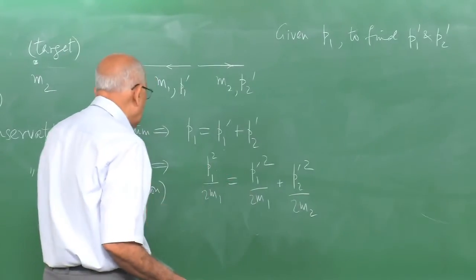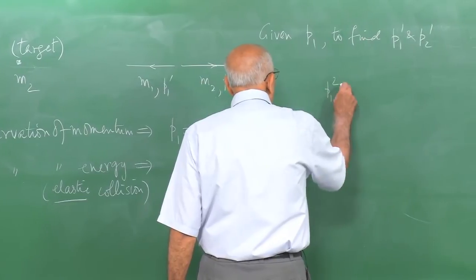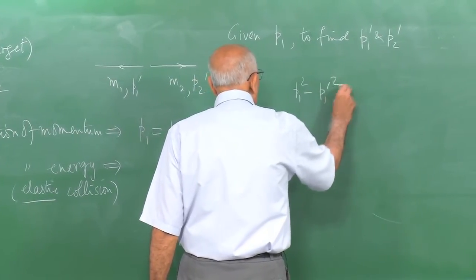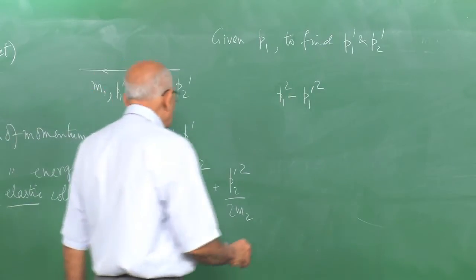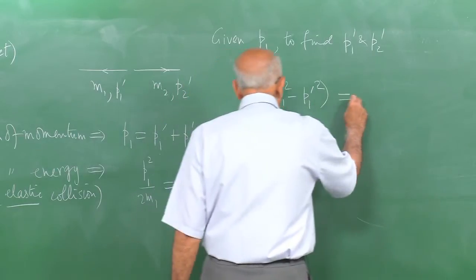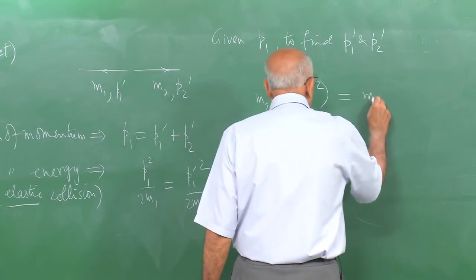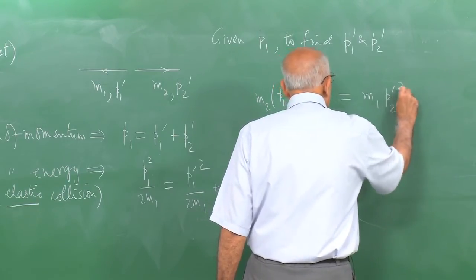Multiplying through by m1 m2 or something like that, you discover that p1 squared minus p1 prime squared, multiplied by m2, is equal to m1 times p2 prime squared.